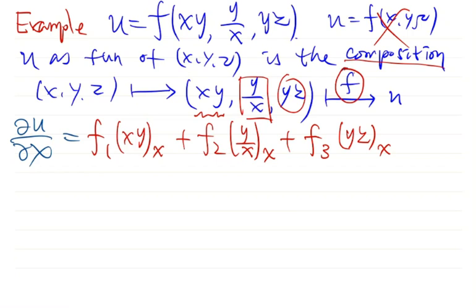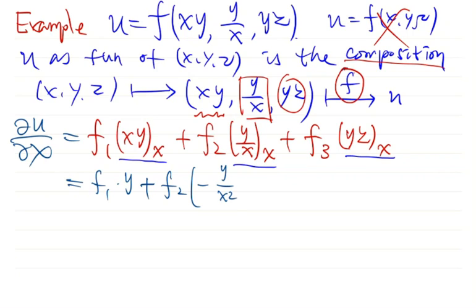Okay, now we compute the derivatives involved here. So this is f1 times the derivative of xy, which is y, plus f2 times the derivative of y over x with respect to x, which is minus y over x squared.